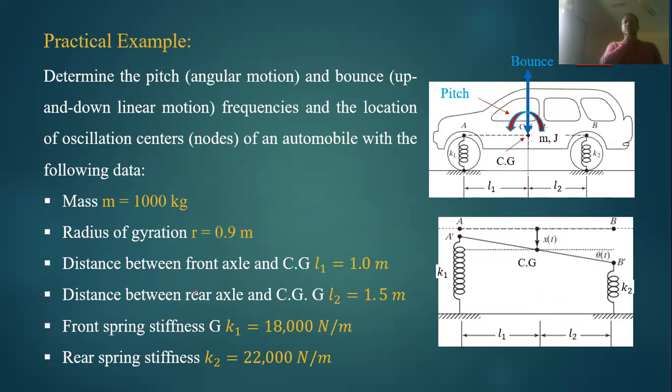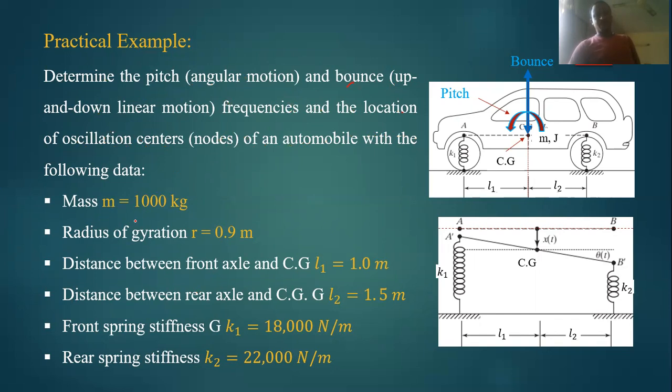So let's take a particular example that illustrates how we can use this. Let's consider determining the pitch and bounce frequencies and the location of oscillation, which is known as the nodes, of an automobile with the following data.